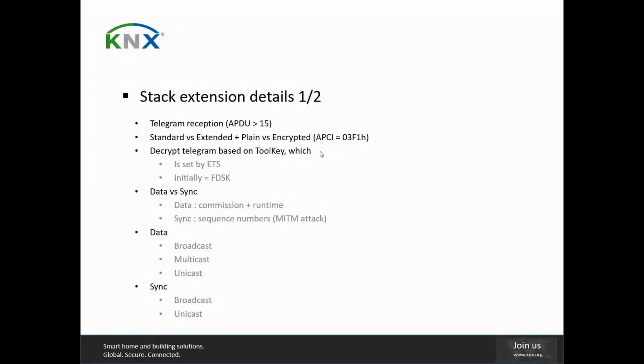ETS is just doing that automatically. So it's of course secretive data of the ETS project. So it's totally hidden from the ETS user. And again, automatically chosen, so to say, by ETS.